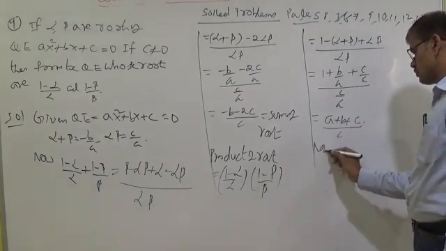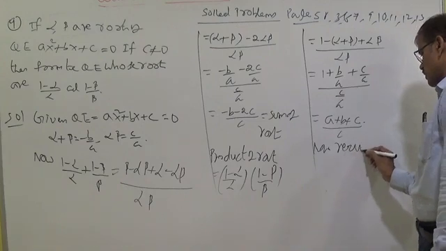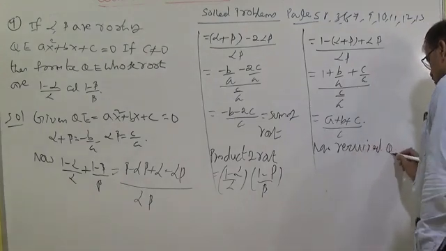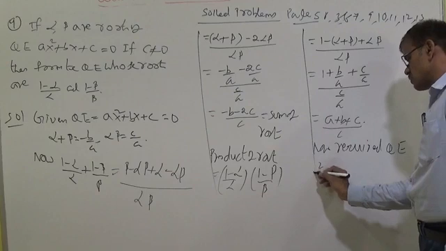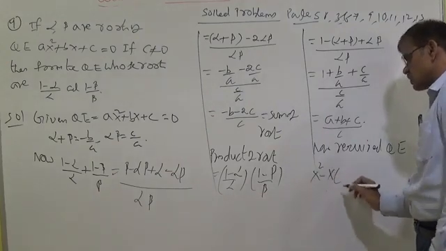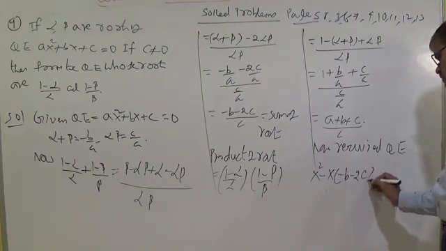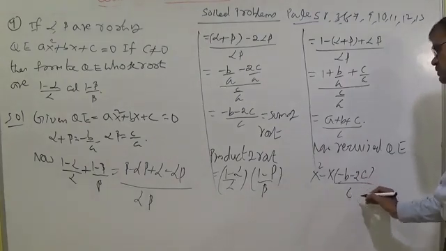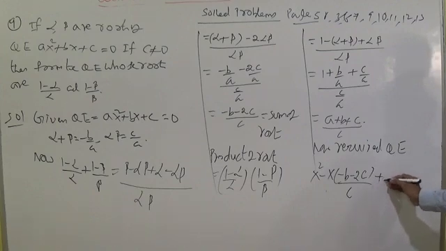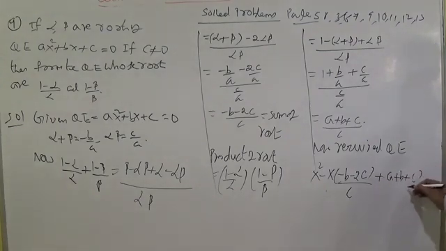Now the required quadratic equation is x square minus x into the sum of roots, so minus of minus b minus 2c by c, plus the product of roots, a plus b plus c whole by c, is equal to 0.